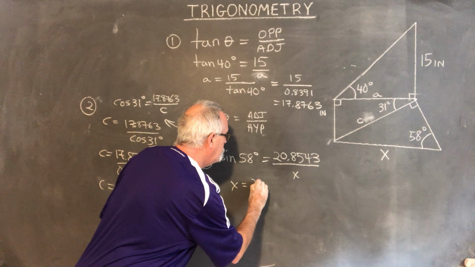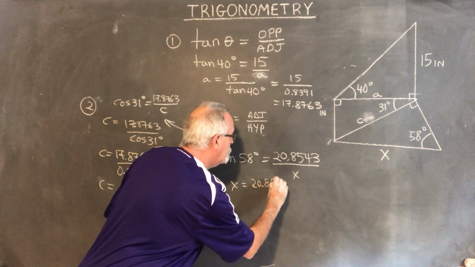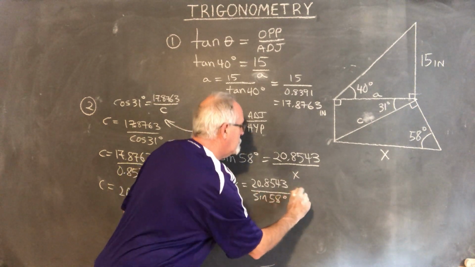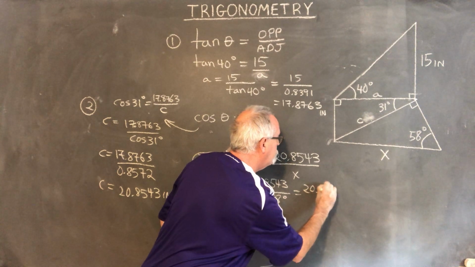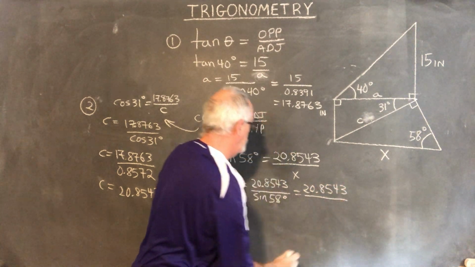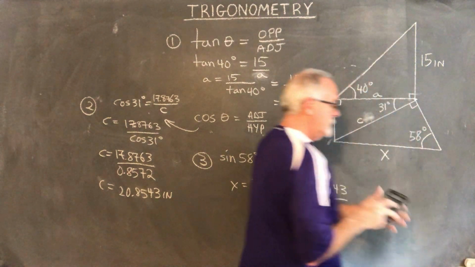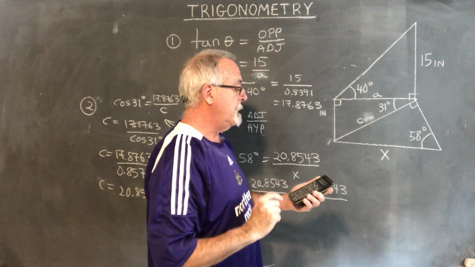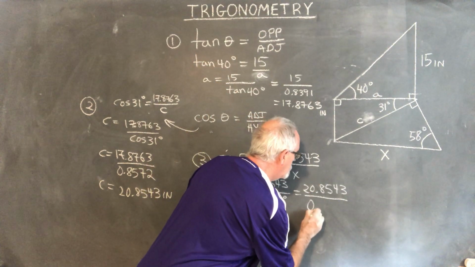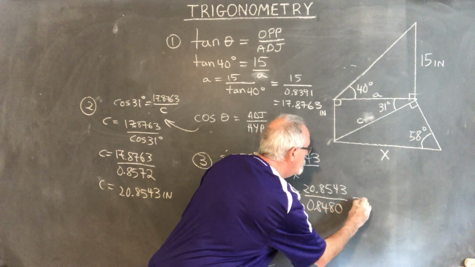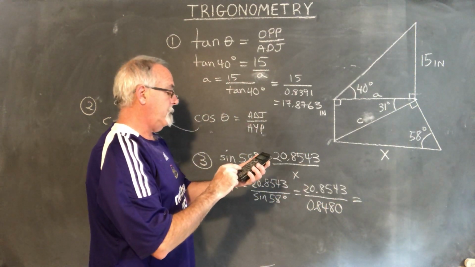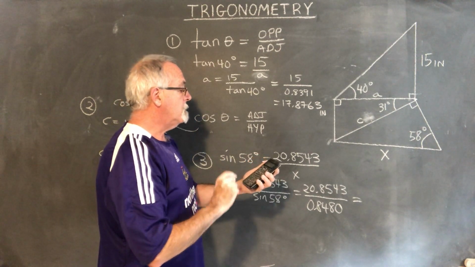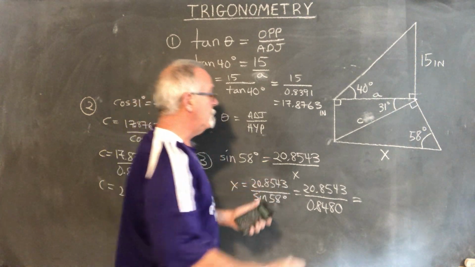X is equal to 20.8543 divided by sine 58 degrees, which is equal to 20.8543 divided by, what, the sine of 58, deg mode, yep, sine 58 equals 0.8480. 20.8543 divided by 0.8480 equals 24.5923.